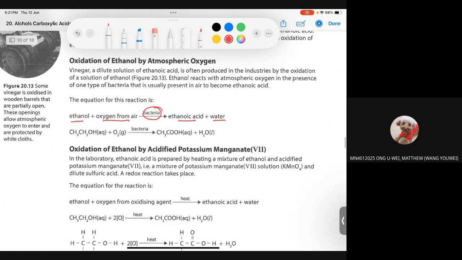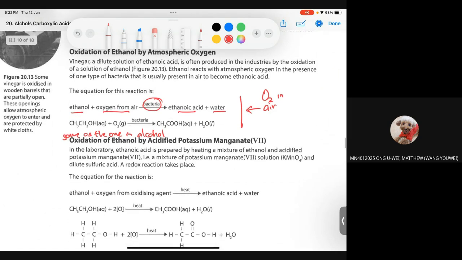So this one is the same as the one on the alcohol side. To get ethanoic acid, ethanol reacts with potassium manganate(VII). This one is just in general from the air, oxygen from air. Then you can get ethanoic acid as well. So these are how to get your acid.